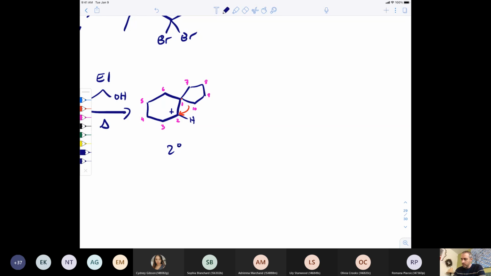Okay. 1, 2, 3, 4, 5, 6. That ring is going to remain untouched. So I'm going to put the numbers in here. 1, 2, 3, 4, 5, 6. We're not touching any of those. We're not touching the 1,7 bond.